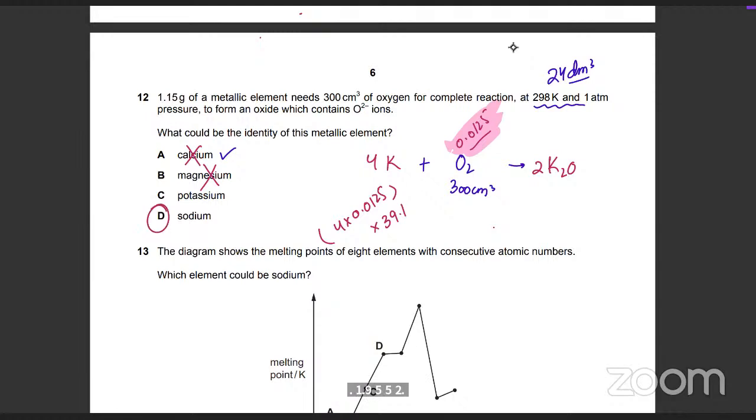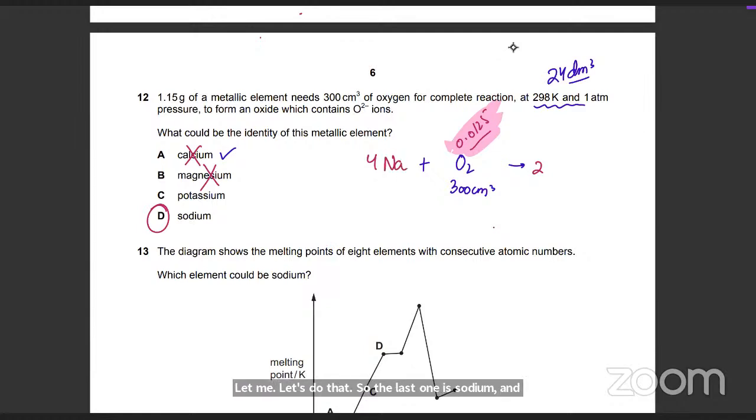And it's going to be sodium. That's the only one that's left. So you can either waste time doing that, I mean, let's do that. So the last one is sodium, and that will be correct. So 4 sodiums, 2 sodium oxides. Okay, it's going to be balanced.